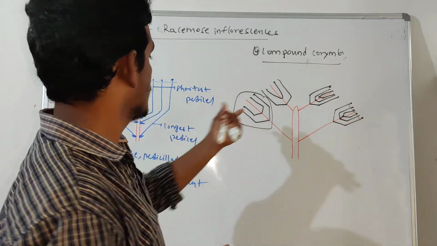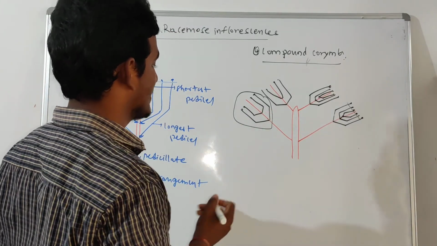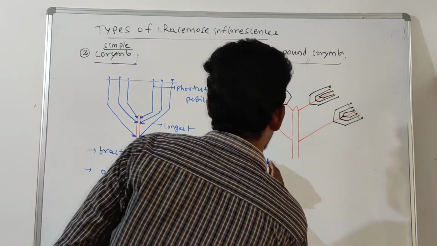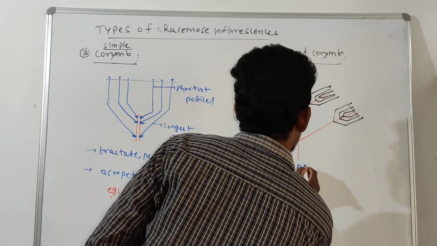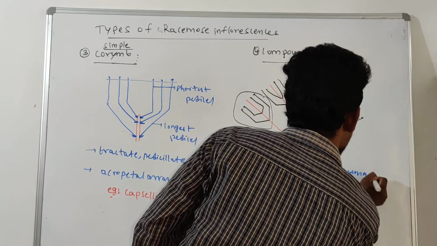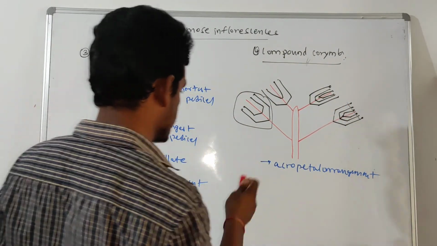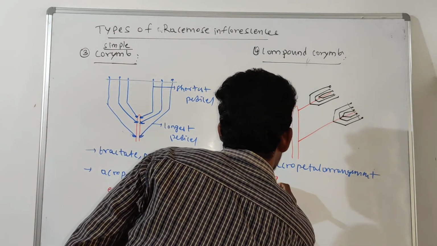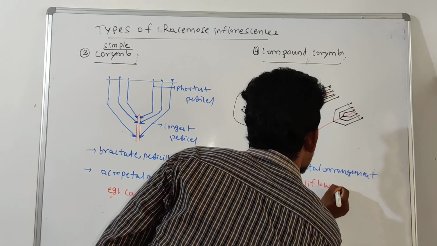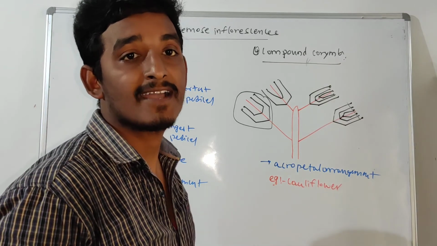So here also flowers are bracteate and pedicellate flowers. Here these are the flowers, arranged in an acropetal arrangement. Right? Example for this one is cauliflower. So it is about a compound corymb inflorescence.